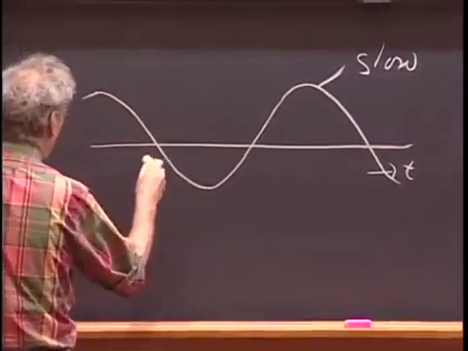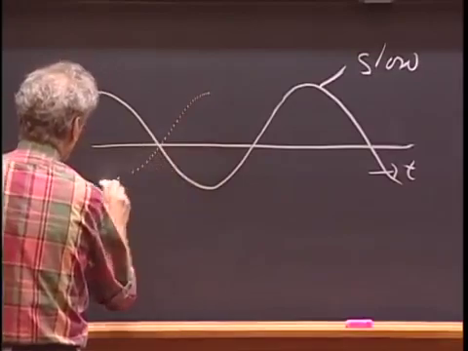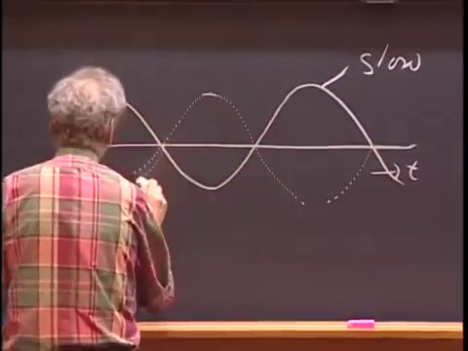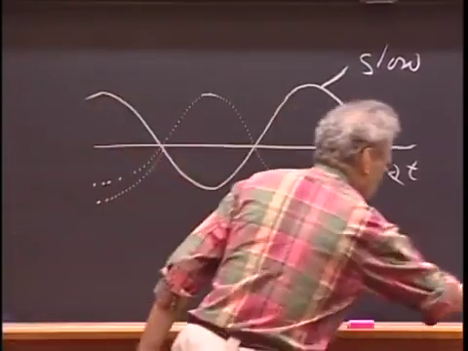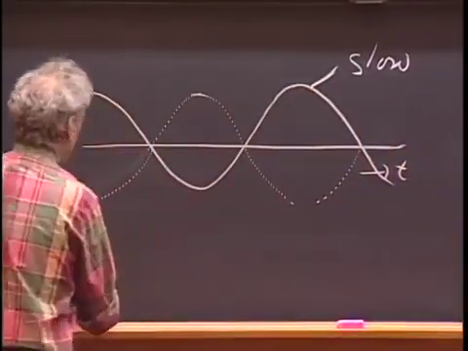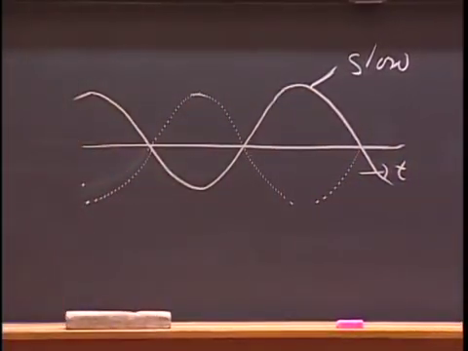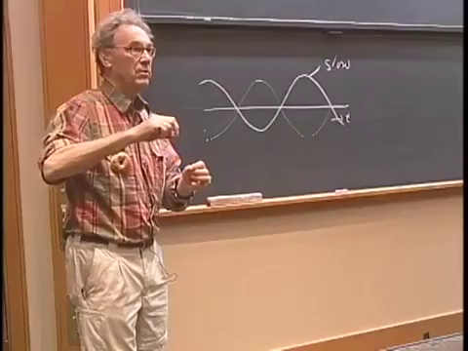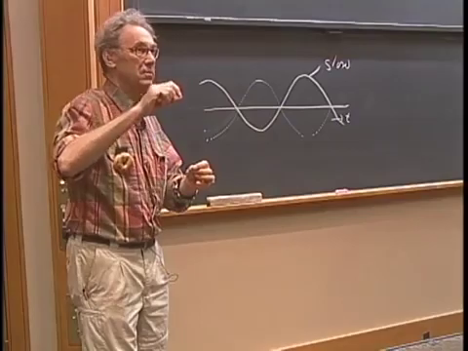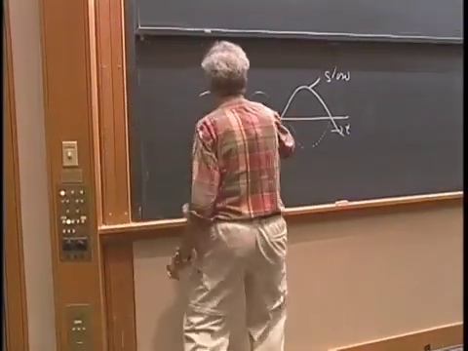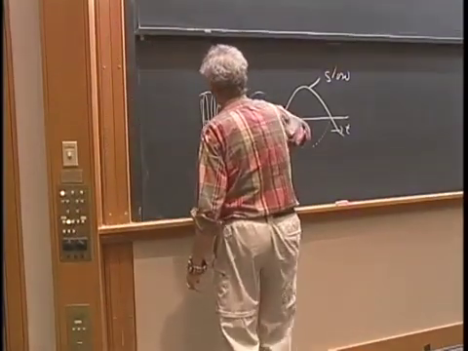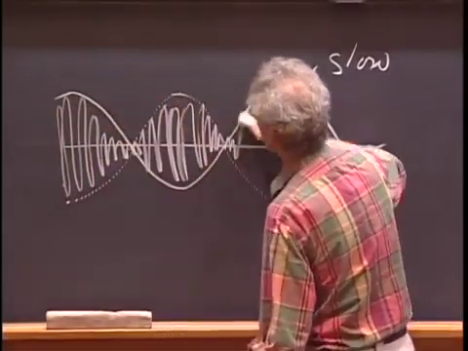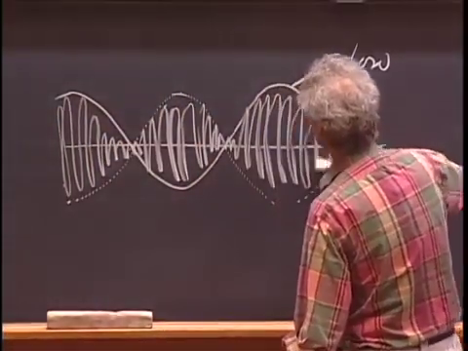And I will also make a dotted line here to guide my hand when I'm going to make the plot. So what you're going to see now is that the fast term goes like this, and the slow one goes like this. And the net result is this. This is the fast one.